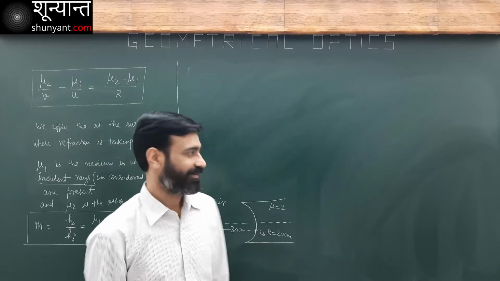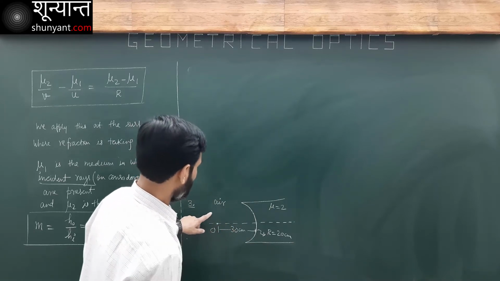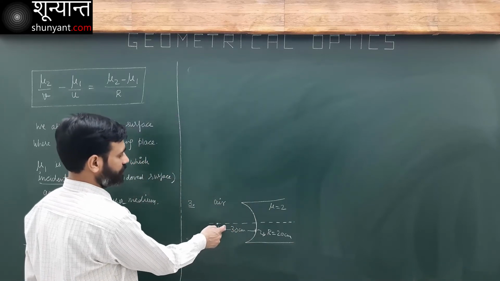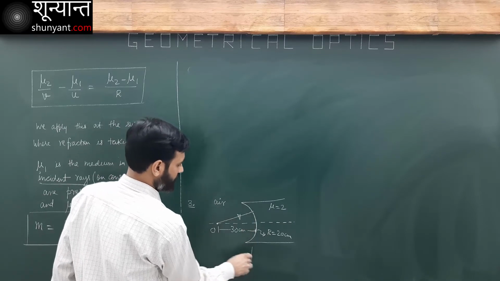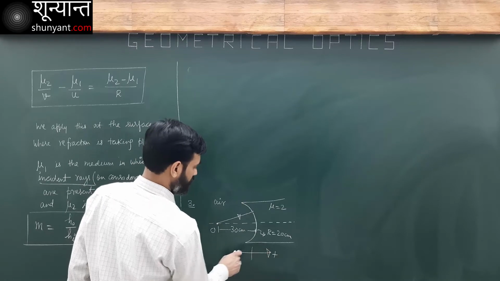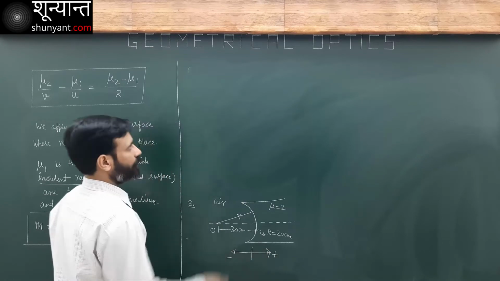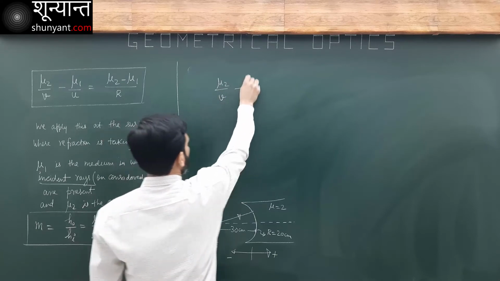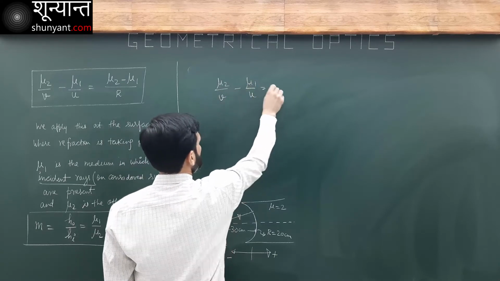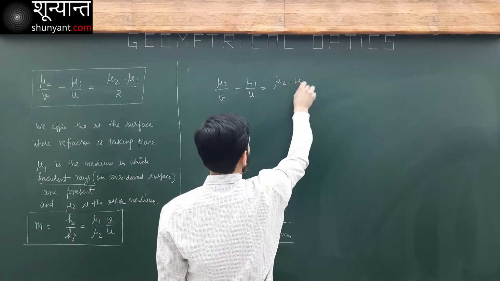What is U? Light rays are going towards right here. So this is my sign convention, positive and negative. Mu2 over V minus mu1 over U is mu2 minus mu1 over R.